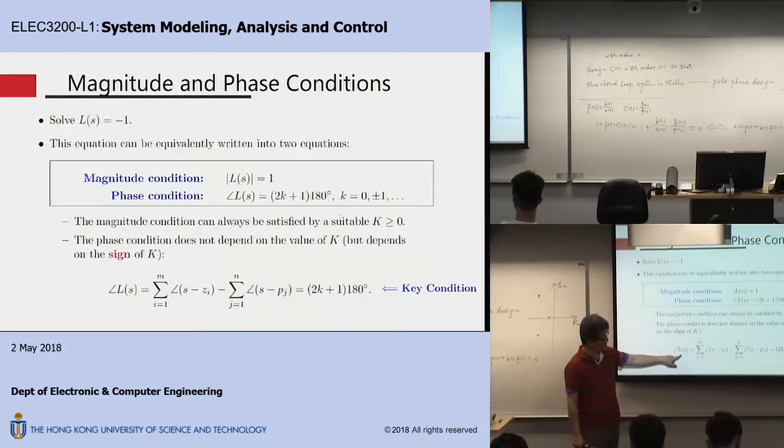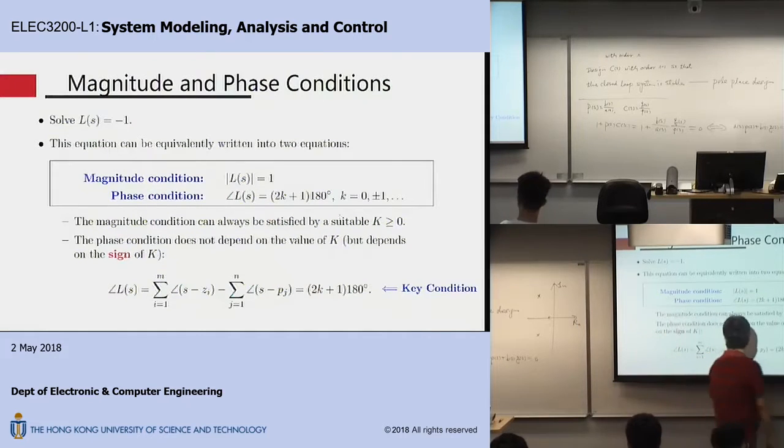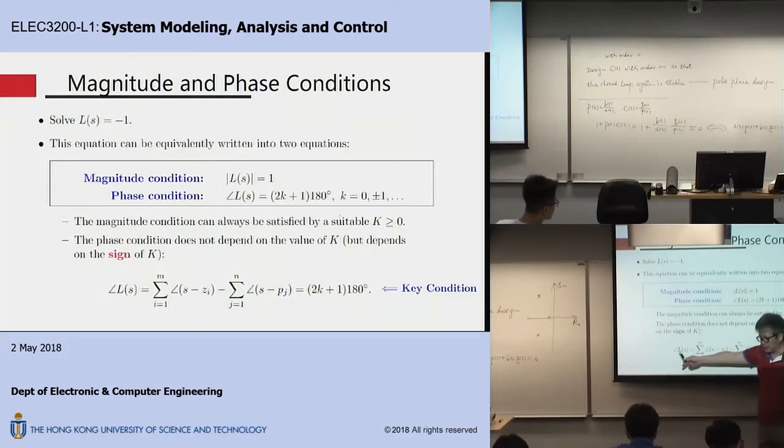The phase of L(S) is the sum of the phases of the factors in the numerator, minus the sum of the phases of the factors in the denominator. One key observation is that this phase doesn't depend on K. And you want the phase to be an odd number times 180.